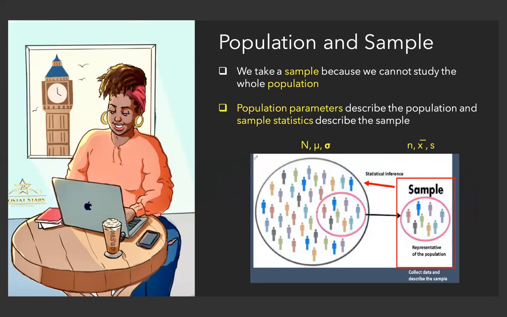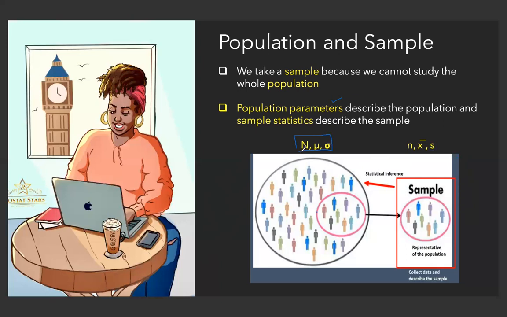Then the next thing we need to learn about the population and the sample is about the population parameters and the sample statistics. So the population parameters, these are basically characteristics that describe the population for us. So for example, there are three important parameters that we need to know about the population.